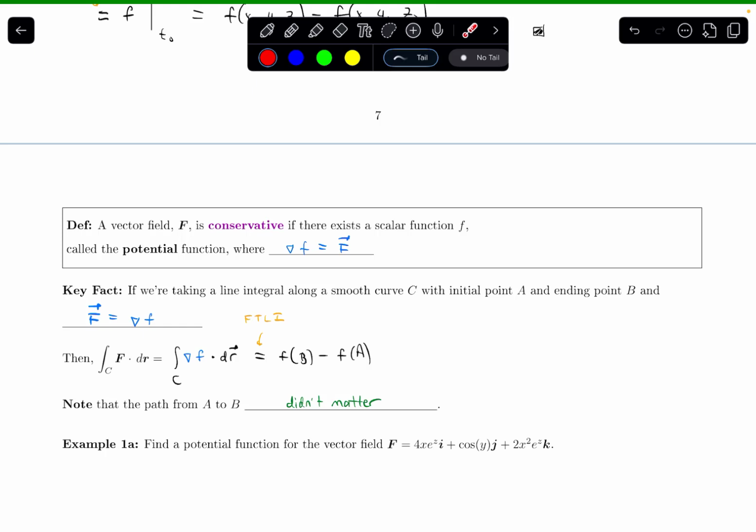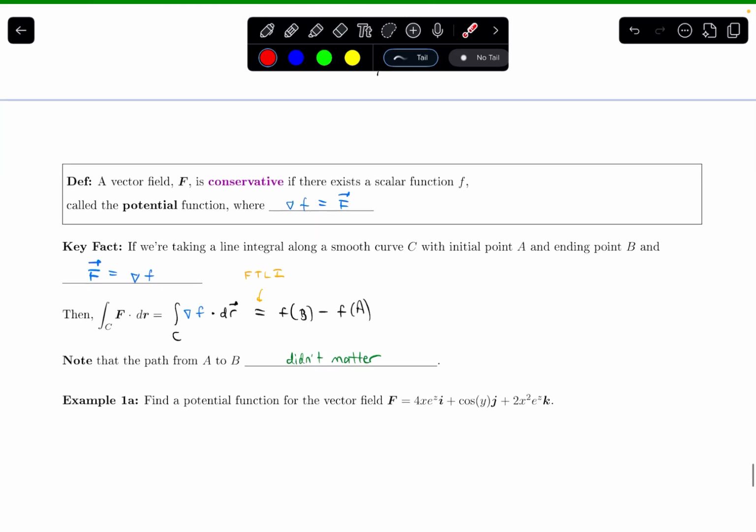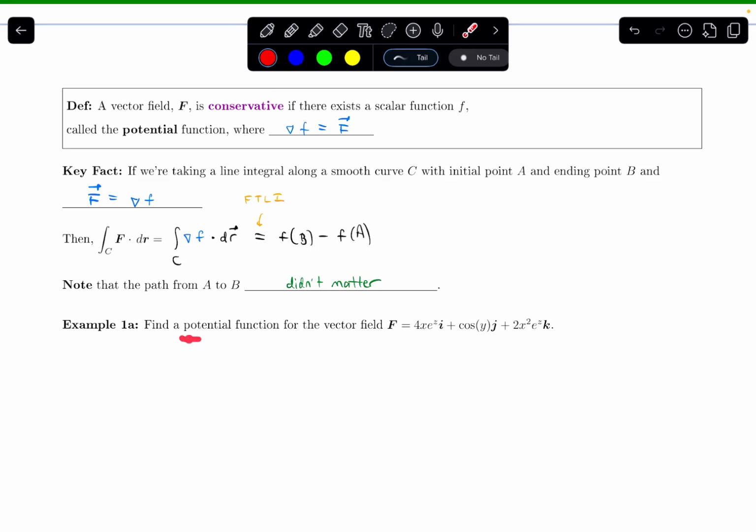So for our purposes now, just having introduced it, we are going to practice figuring out what this original function f is. So let's do an example. Let's find a potential function for this vector field F. What this means is we are trying to find a function lowercase f where the gradient of little f equals this vector field capital F. For that to be the case, this x component should be the partial derivative of little f with respect to x.